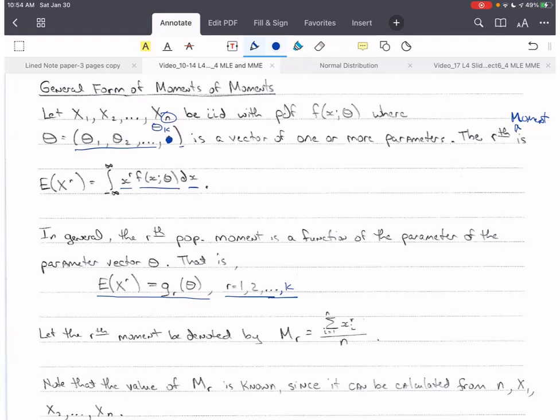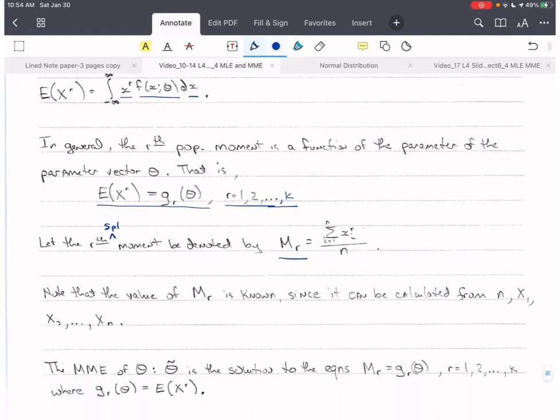So we're going to say let the rth sample moment be denoted by m sub r, equal to the sum of x_i raised to the r over n. We know the value of m sub r; it can be calculated from n, x1, x2, up to xn.